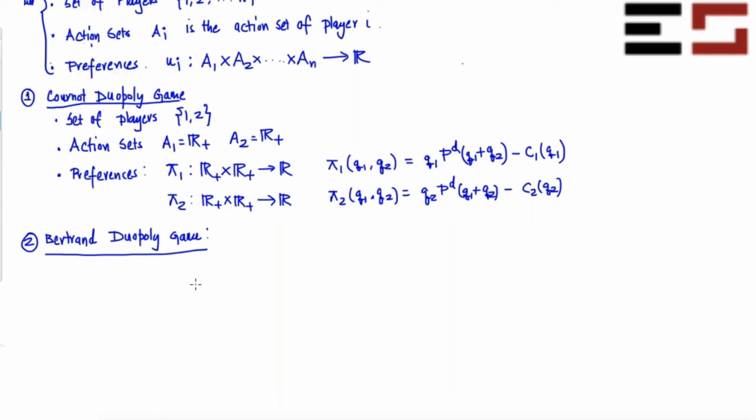If you get a very good understanding of how to solve two-player games, then you can extend these ideas very easily to three players or four players. It's not such a big problem. So first of all, your focus should be to become really good at solving two-player games.